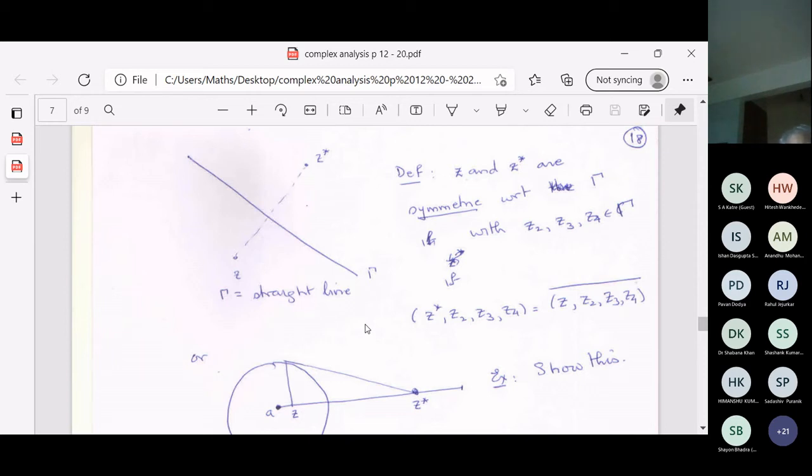So the first thing you have to check is that this definition does not depend on the choice of Z2, Z3, Z4 in gamma. Then this definition is well defined. This actually is sort of a subtle point that sometimes gets hidden.